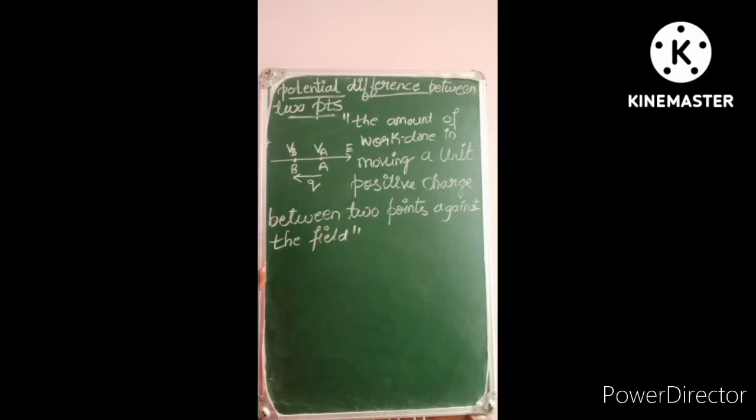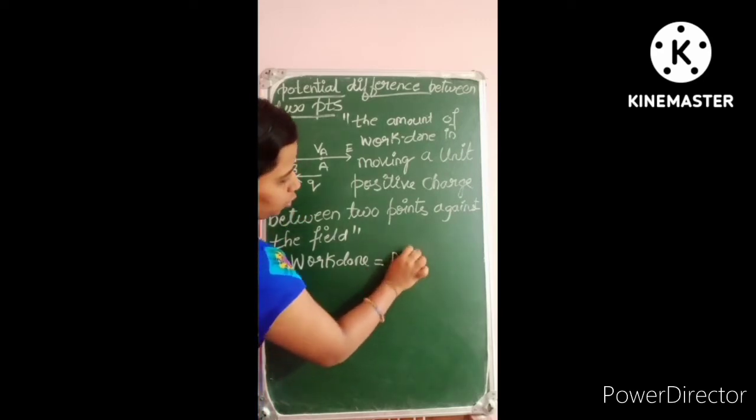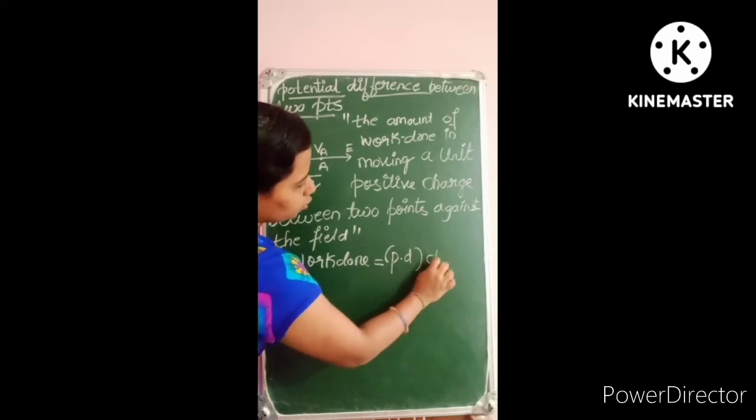Suppose the work done in moving the charge Q from point A to point B is taken as work done is equal to potential difference into charge.